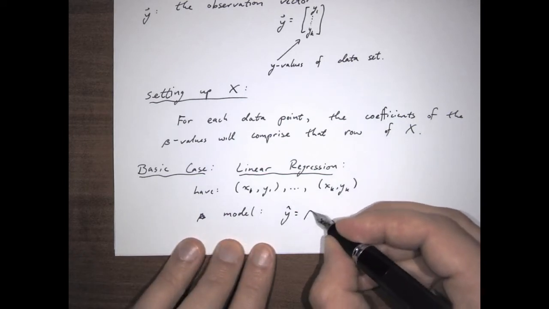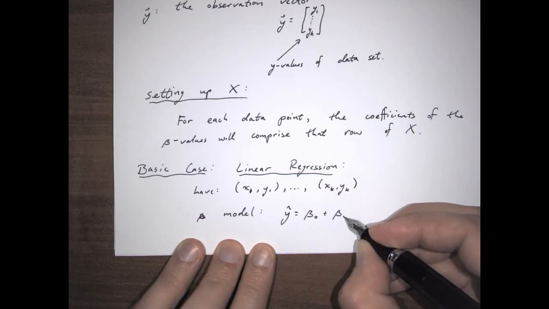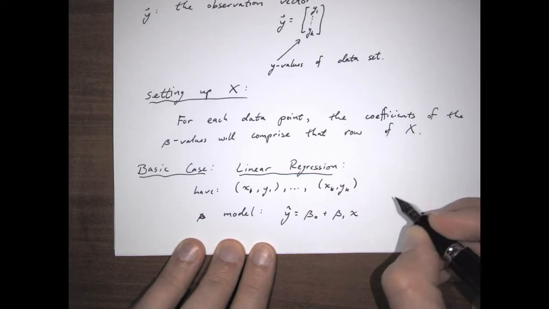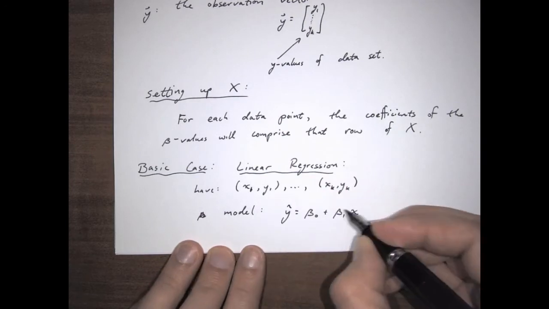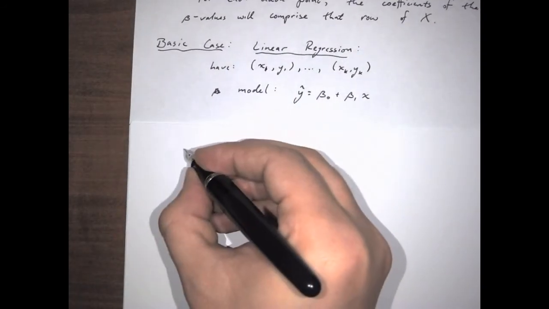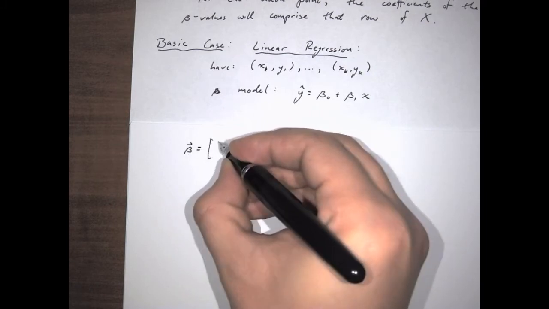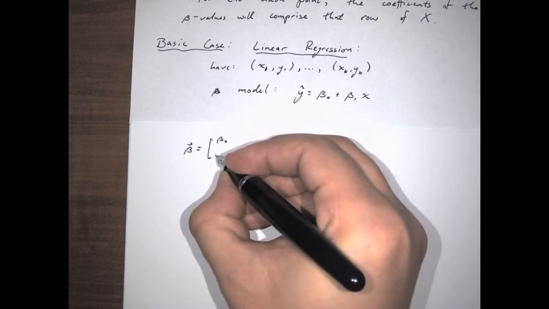Y hat is equal to beta naught plus beta 1 times x. And so these are the unknown betas, which means the parameter vector will just be beta naught, beta 1.